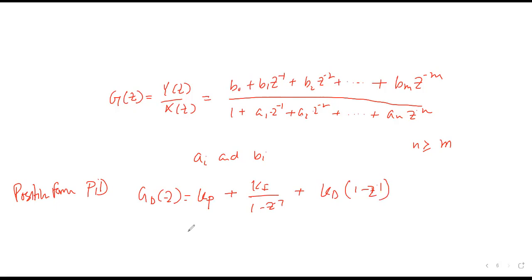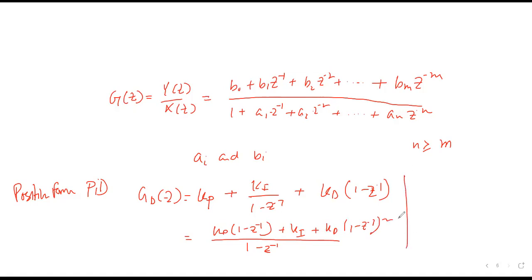Okay, so now if we slightly rearrange this one, multiply by 1 minus Z inverse, then KP into 1 minus Z inverse plus KI plus KD into 1 minus Z inverse square.